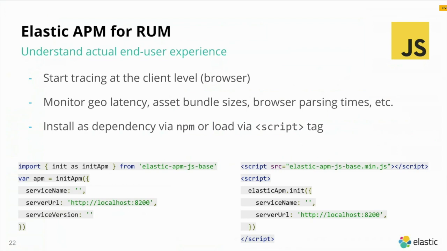That can be detected with the RUM agent, and that's really something you have a hard time getting visibility into if you don't capture it out in the wild, so to speak, because all browsers are different and people are in different regions, and it's just very hard to test on your local environment.